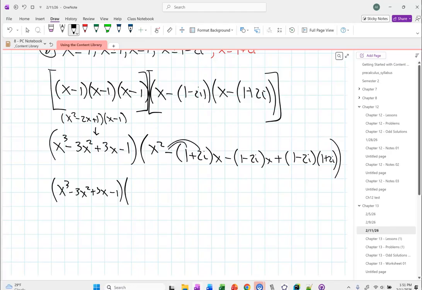Distribute things through. And then this is a difference of 2 squares over here, right?